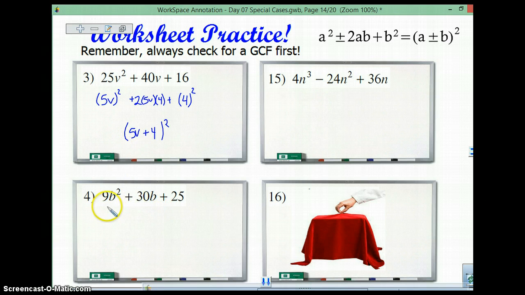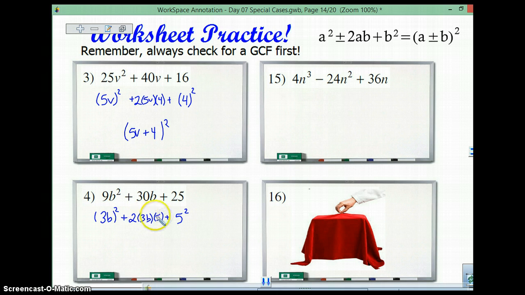Okay? So rewriting this, we can say this is the same thing as 3b squared, and on this side, 5 squared. So our a is 3b, and our b is 5. Question is, does this become 2 times a times b?